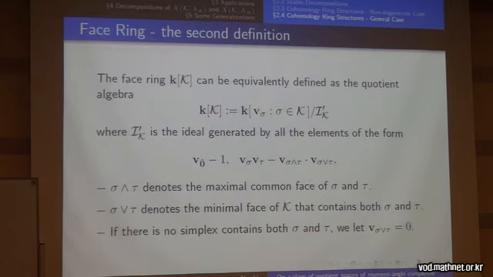If there is no simplex containing both sigma and tau, this is 0. Okay, so this is an equivalent way to define the face ring of a simplicial complex, but actually this definition also works for simplicial posets.